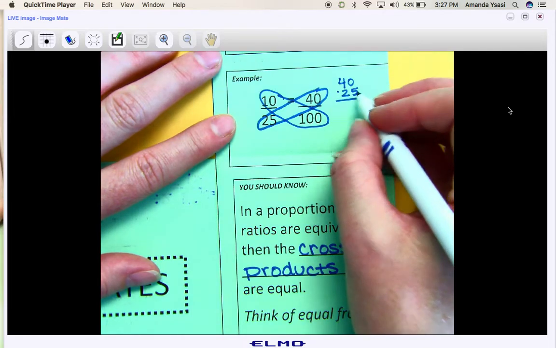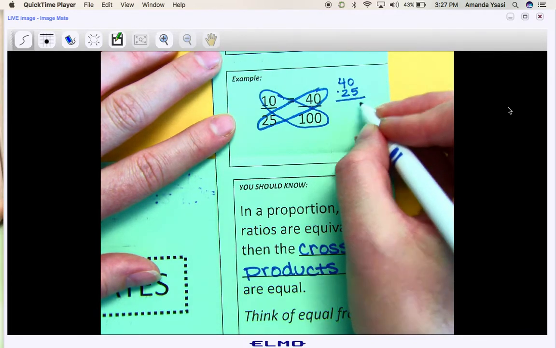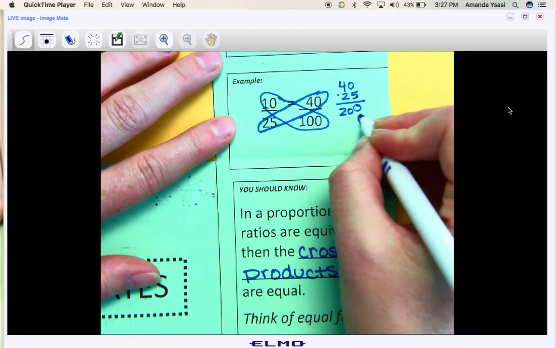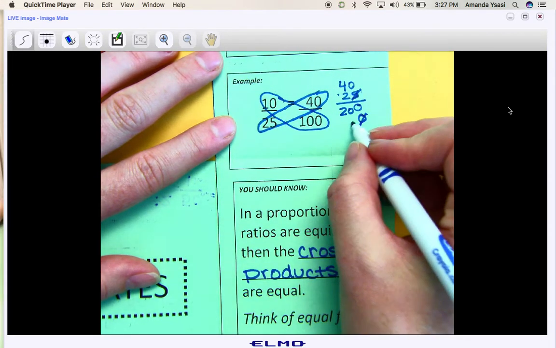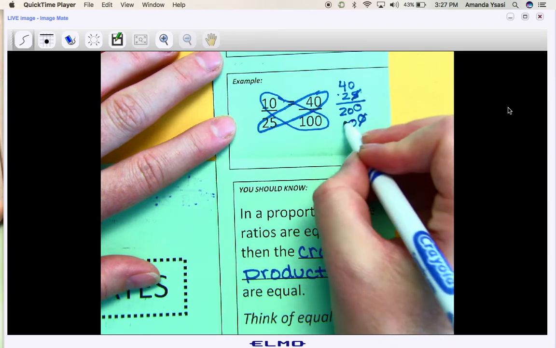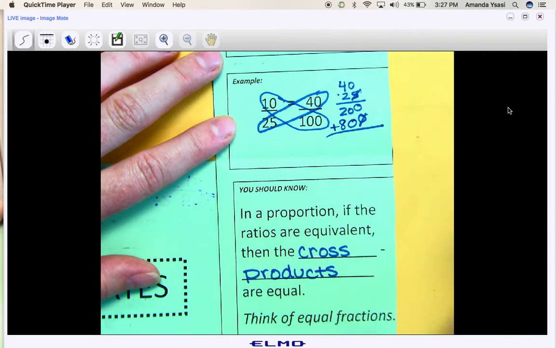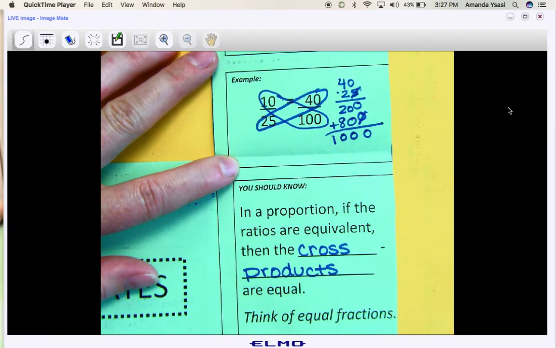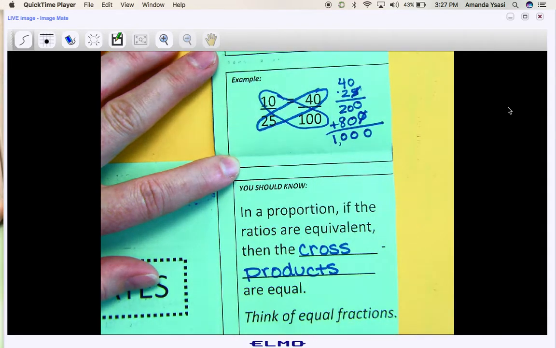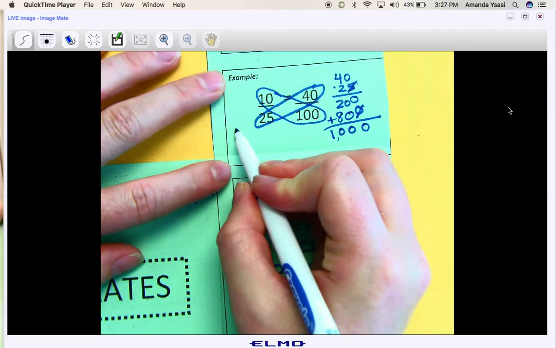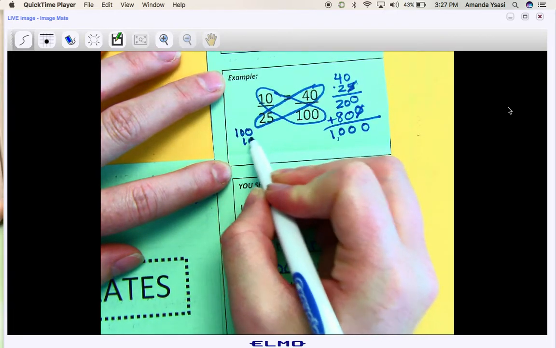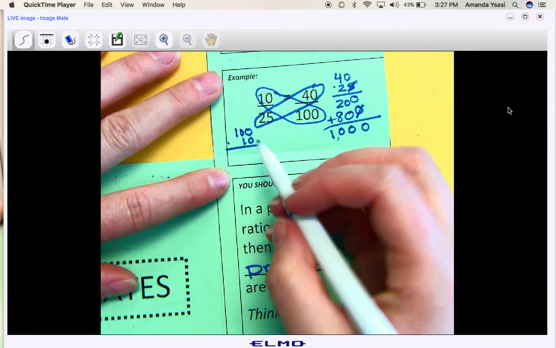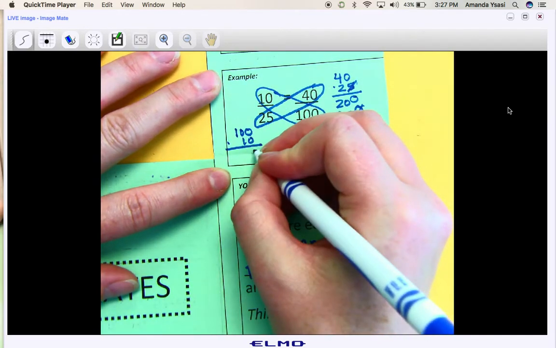So I'm going to check. 0 times 5 is 0. 5 times 4 is 20. Put a 0 place value holder. 0, 8. Add those up. 1,000. And then if I multiply 100 times 10, I know if I multiply times 10, I'm just going to add an extra 0.